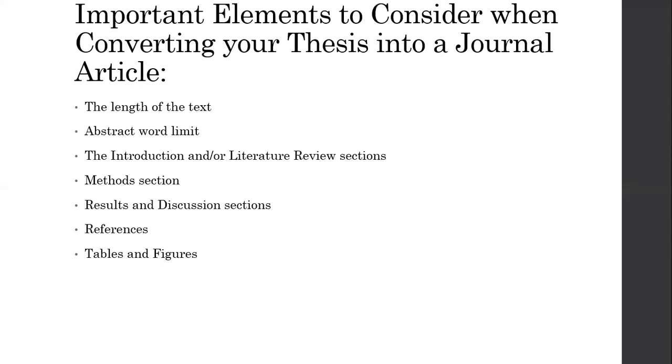In some journals it is an introduction, whereas in other journals it is known as the literature review section, followed by the methods section, results and discussion sections, the reference list, and at the end, the tables and figures.